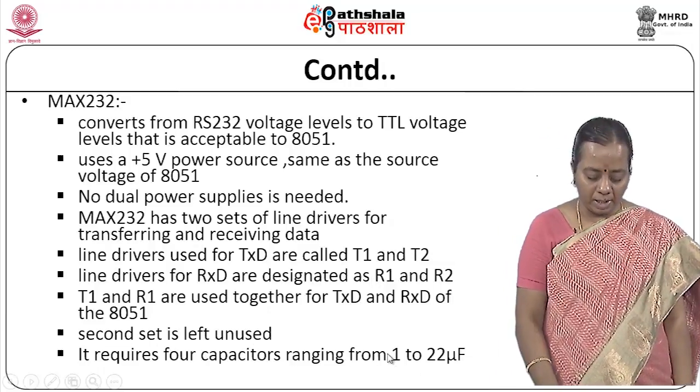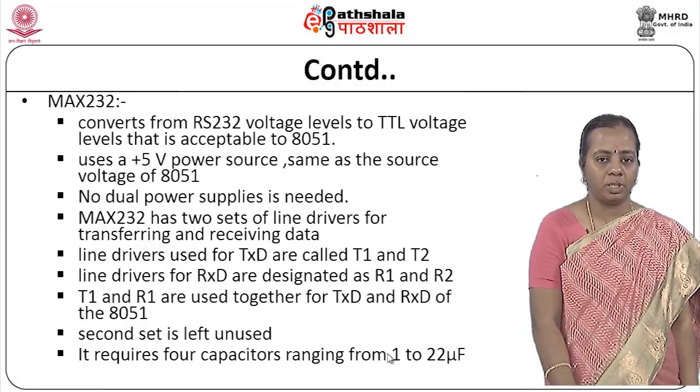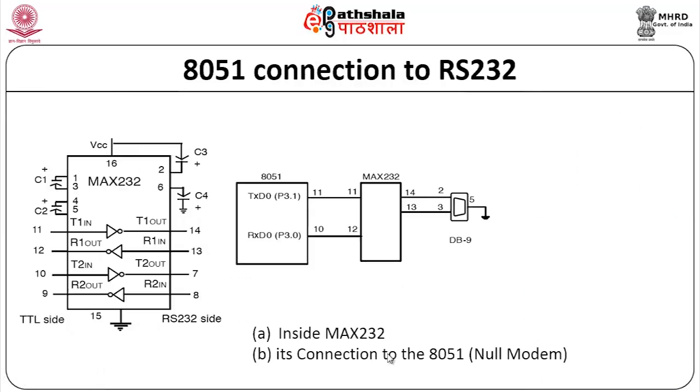In this MAX 232, we have capacitors also connected over there in the pins 1, 3 and 4, 5, where you just see that 11 and 12 is T in and T out. That means if I am putting the transmitted bit over here, this is converted into RS232 format and it will be available in the 14th pin.